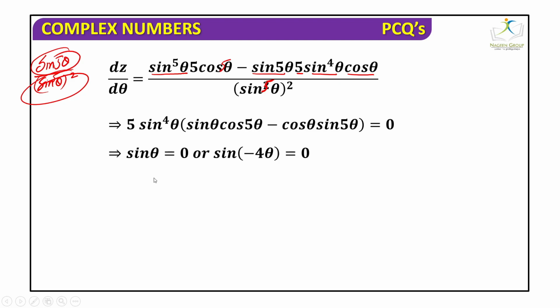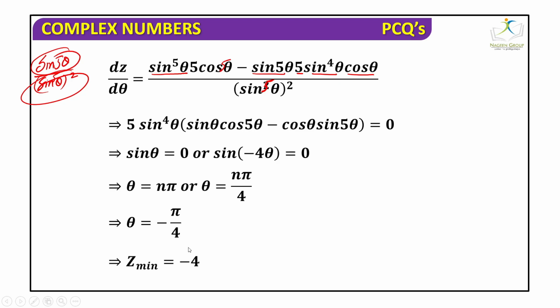So sine theta will be 0 or sine of minus 4 theta will be 0. So from here we say theta equals n pi or theta equals n pi by 4, right? We take this 4 denominator. From here we say theta equals minus pi by 4 and then the minimum value will be equal to minus 4.